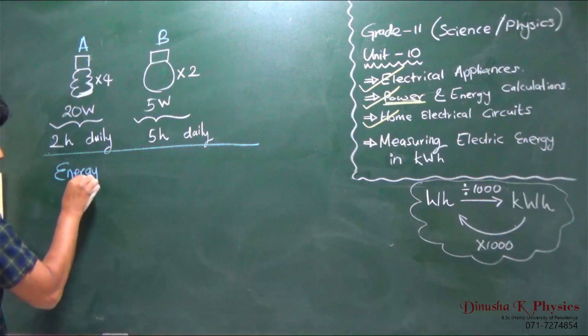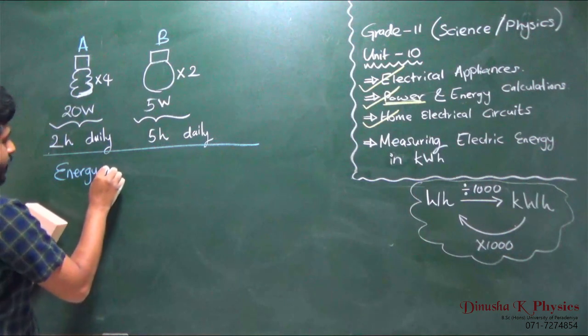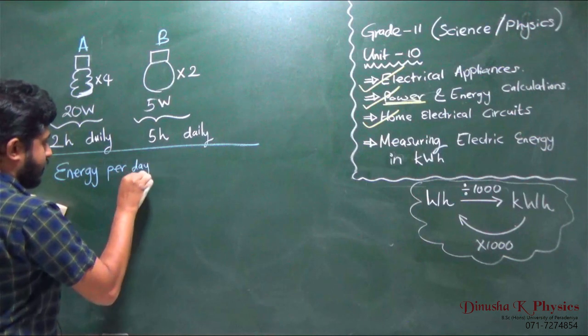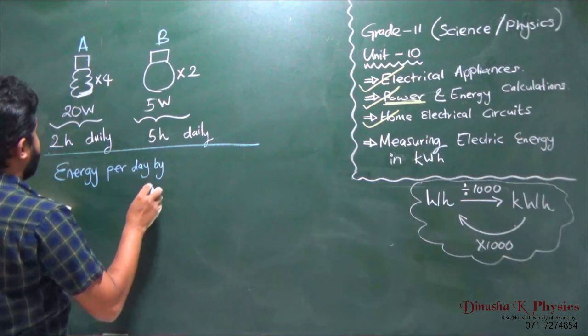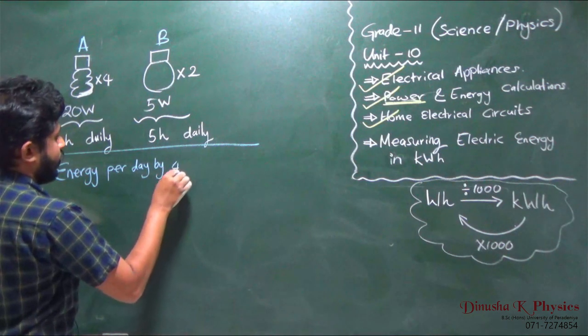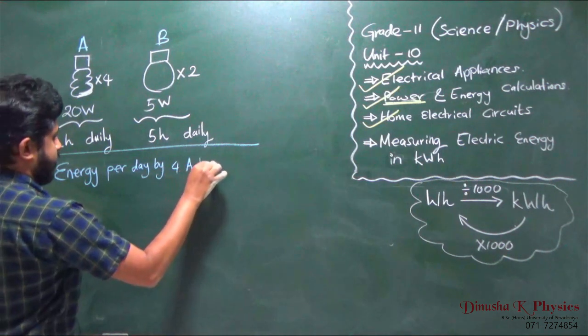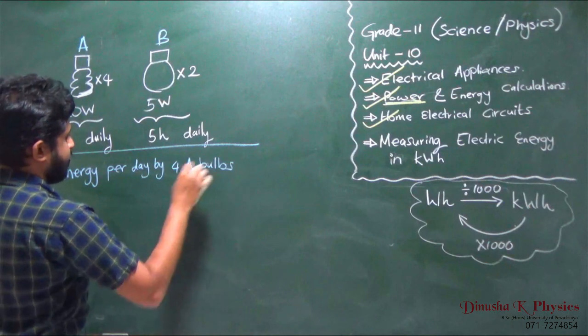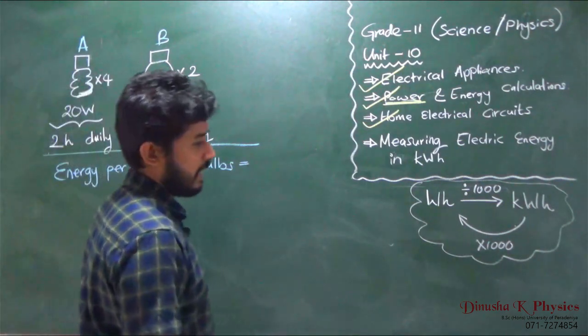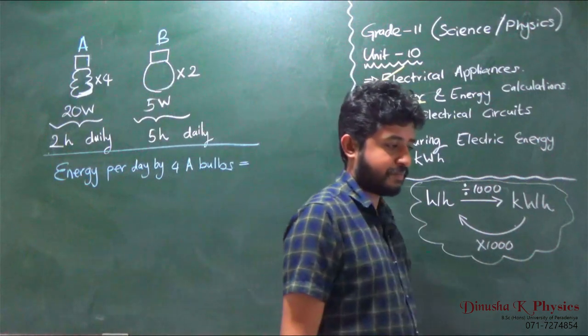Energy per day by 4 A bulbs. මේ A කියන ජාතියේ bulbs 4ම නිසා දවසකට energy consumption එක ගමු.